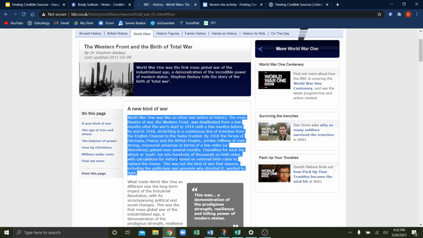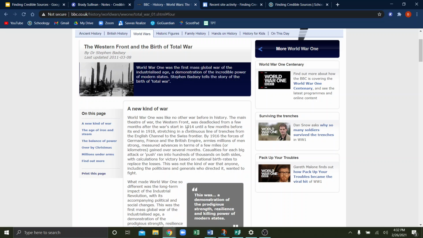It's not going to be about America. And I'm telling you right here in this first paragraph, it already gives you something that's not true for the United States. It says that this war started in 1914. You can ask Mr. Trimner if you don't believe me. World War I started in 1917 for the United States, not 1914.